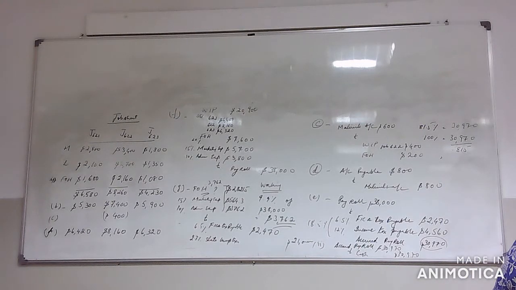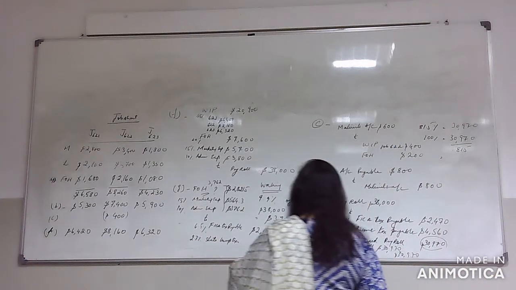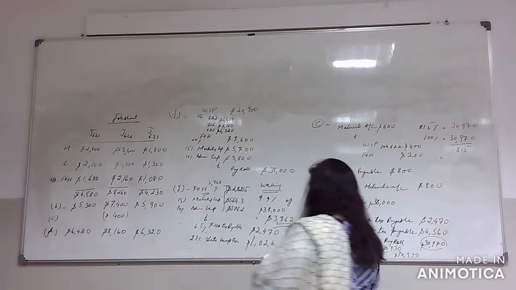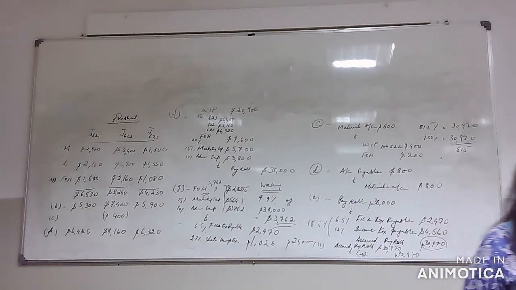So this is 1026. This is the unemployment taxes. So it's 1026. This is going to be 2.7% state unemployment taxes, right? And then we can just simply calculate the remaining.